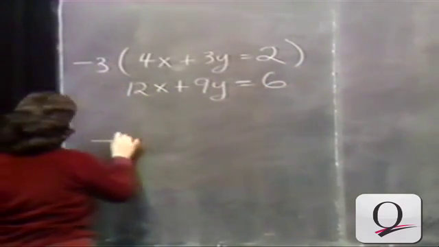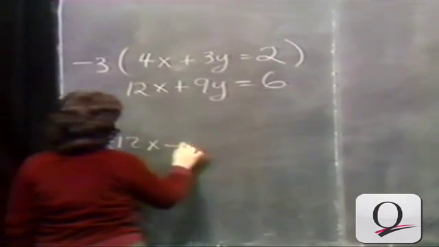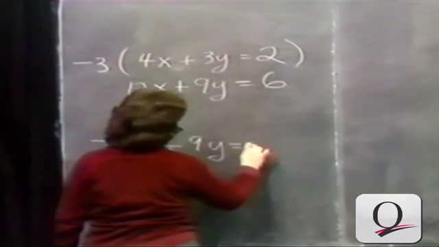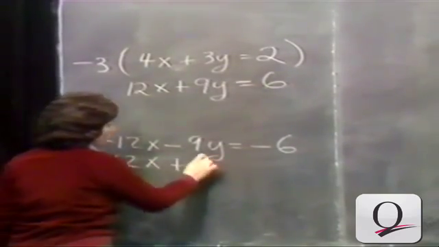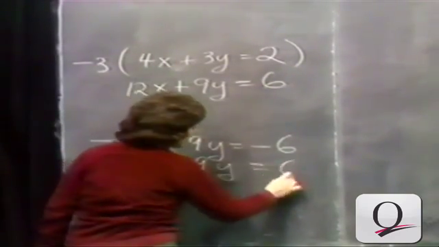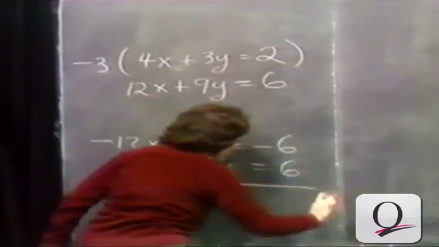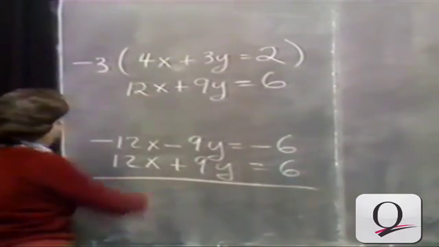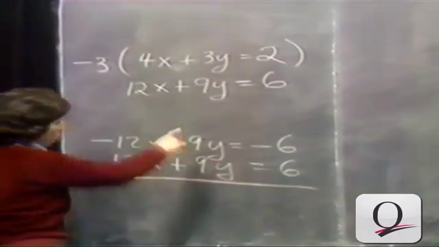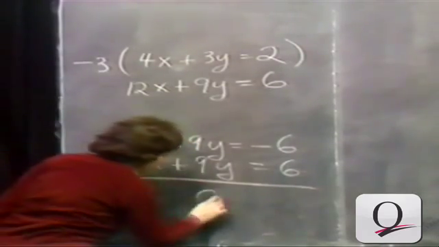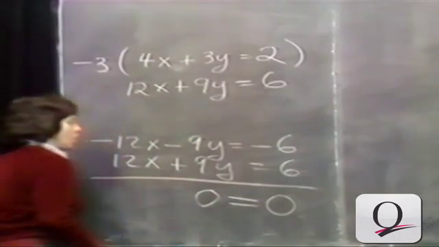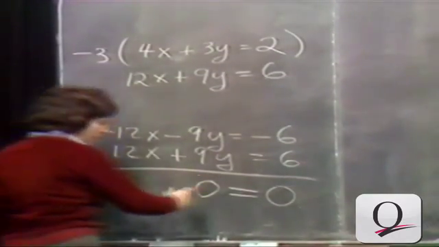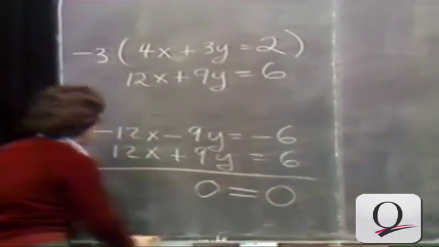If we do that, we get minus 12x minus 9y equals minus 6. The bottom equation we leave alone, 12x plus 9y equals plus 6. When we add, we find that the x's are eliminated and the y's are eliminated. We get 0 on the left, and we also get 0 on the right. This reduces to the identity 0 equals 0.